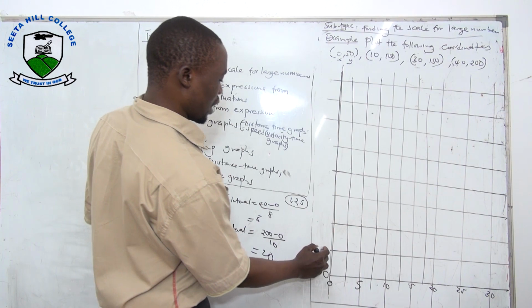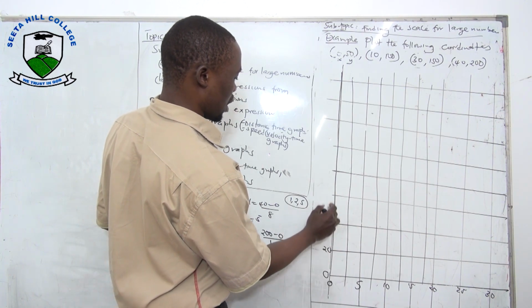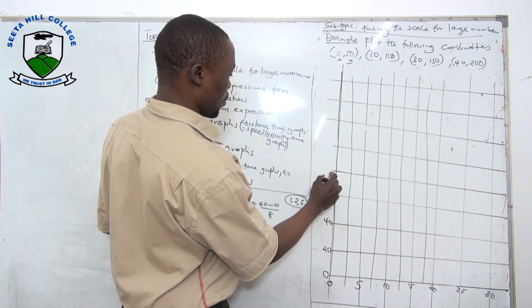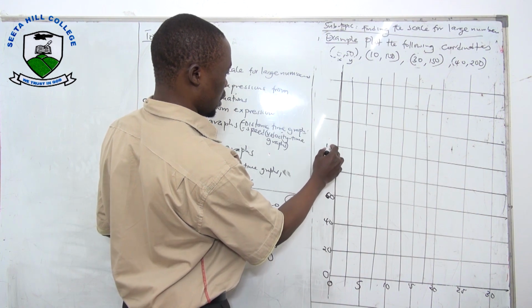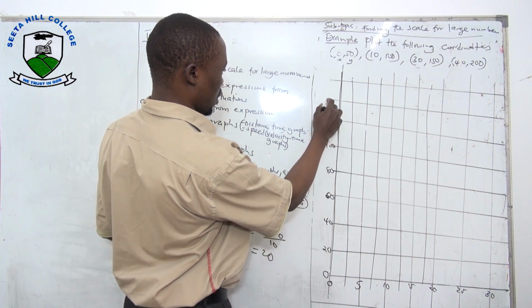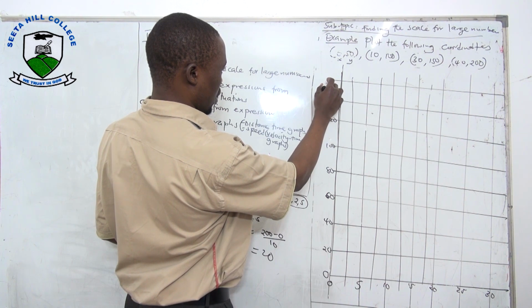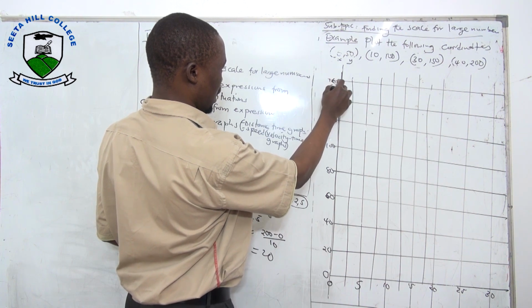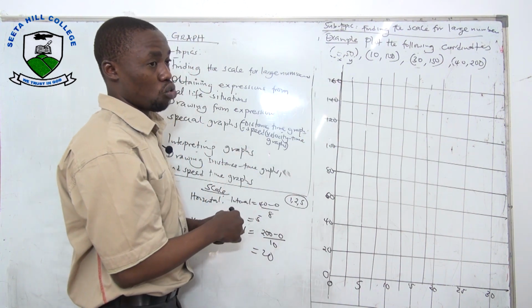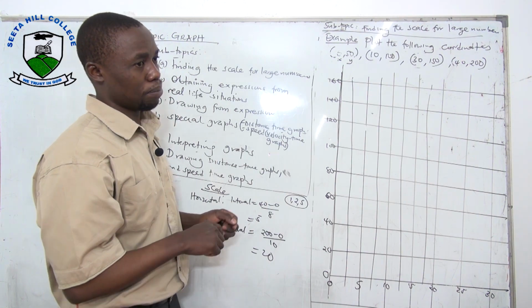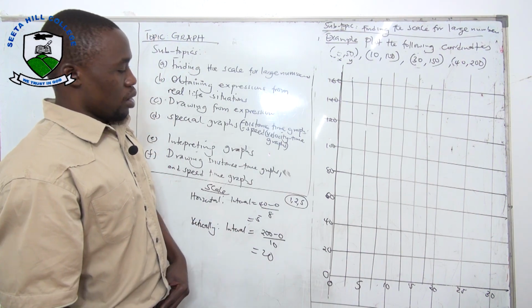That automatically sends us to a better place. Not so? Yeah? 80. 160. Up to now you go up to 200. Is that fine? Okay.